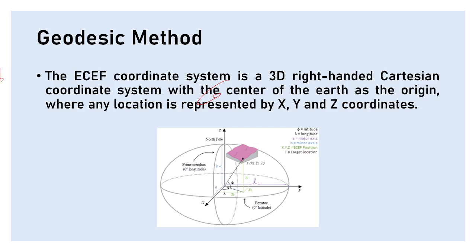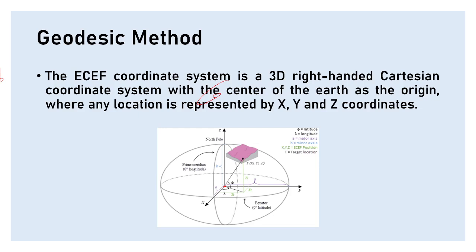It's slightly elongated along the equator, and this particular circle represents the equator, which is 0 degree latitude. In the Earth-centered Earth fixed coordinate system, the center of the earth is regarded as the origin, that is the point 0. Any location can be represented in terms of XYZ coordinates, because it's an ellipsoid, a three-dimensional structure, so you will have X, Y and Z coordinates.